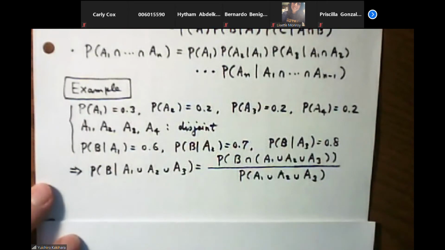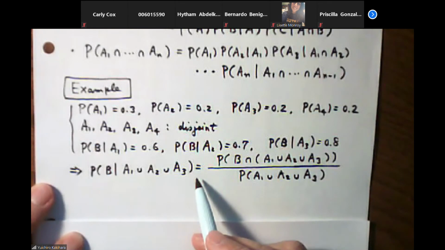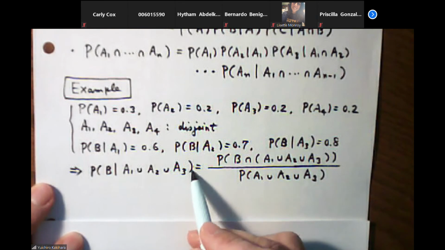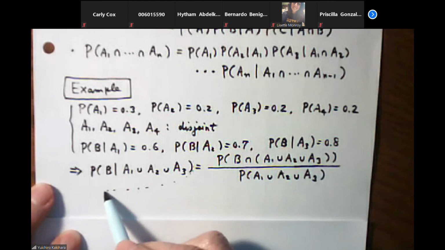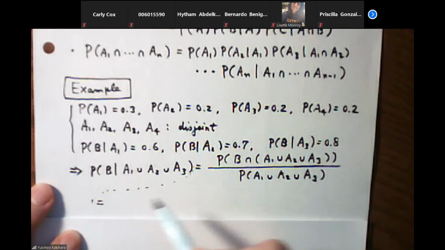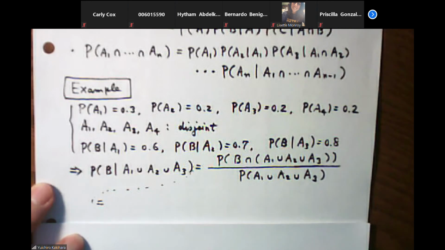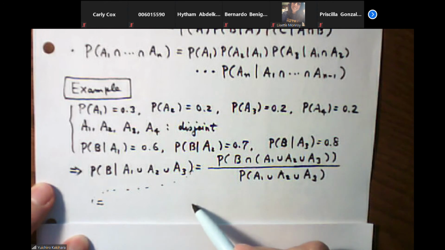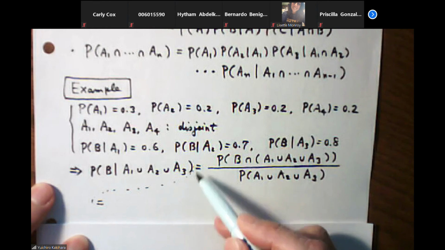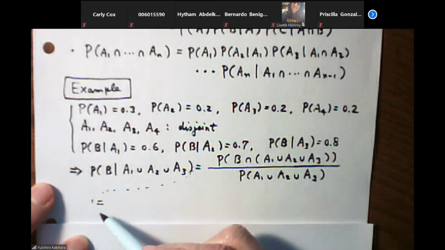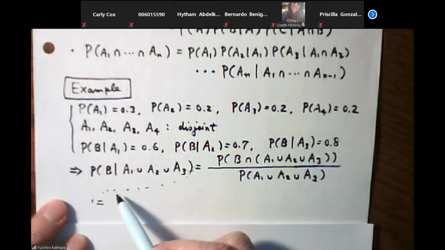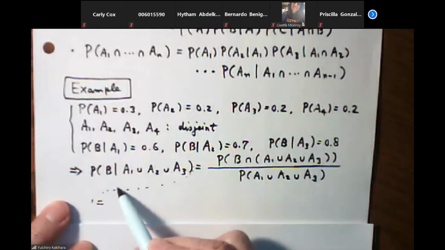And what's next? The equality sign is here, but I'm going to write the equality sign over here. It should be vertically aligned, but we don't have the space, so I'm sorry. What is the numerator?